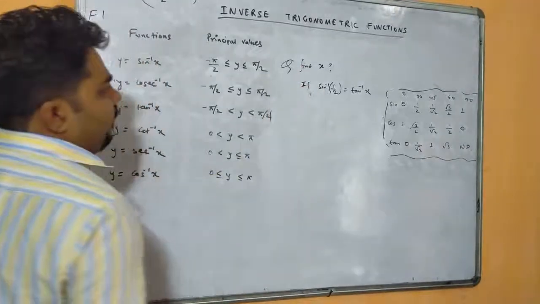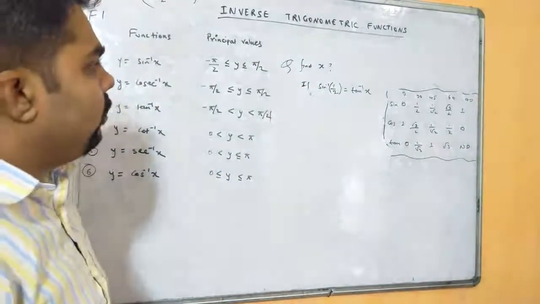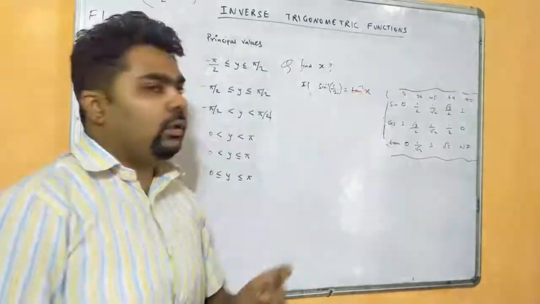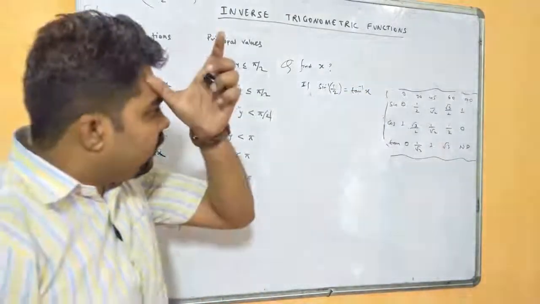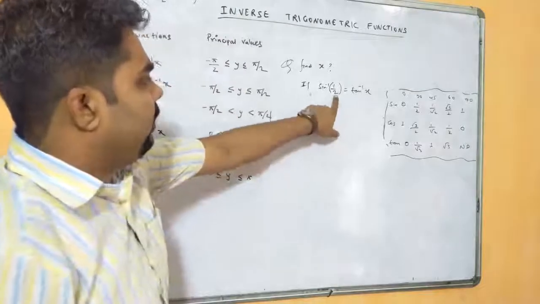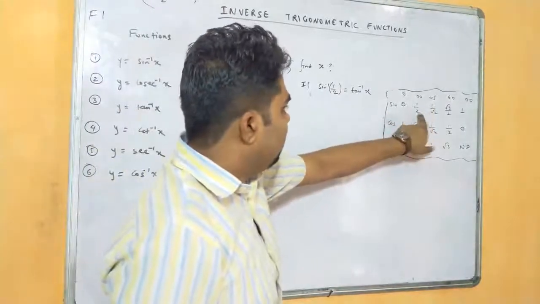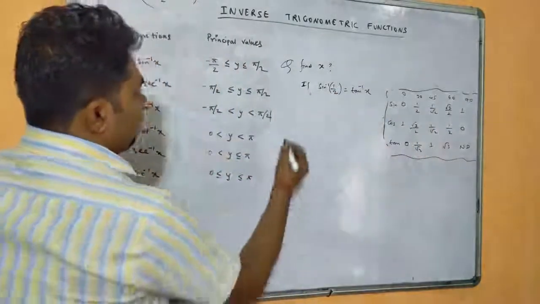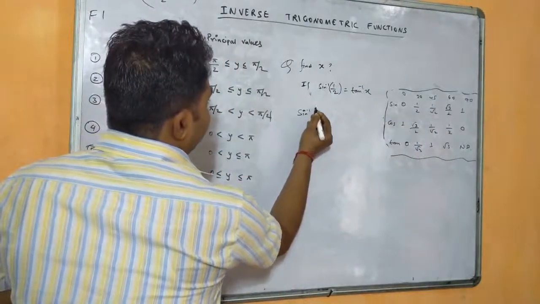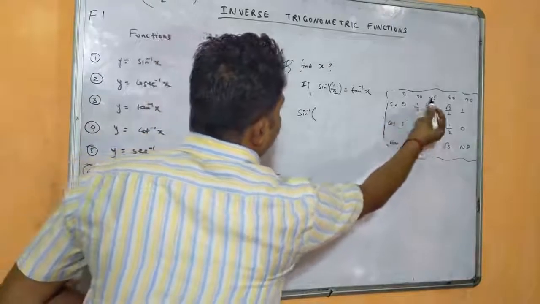Next question we have, find x if sin inverse 1 by 2 equals tan inverse x. Okay. So in this question we need to get the value of x here. We know the standard value of sin 30 is half, right? So in place of 1 by 2 we will be writing sin inverse as it is, in place of half we need to write sin 30.